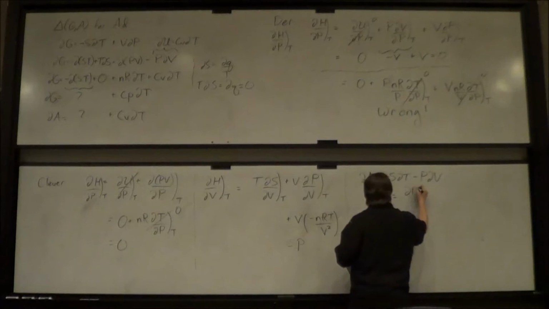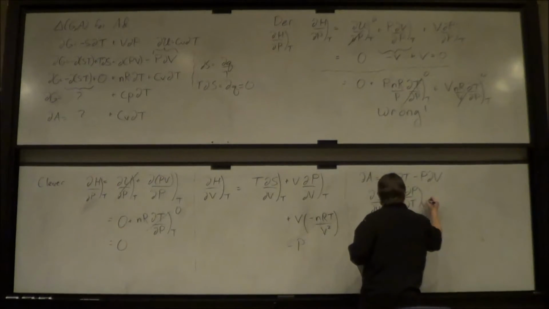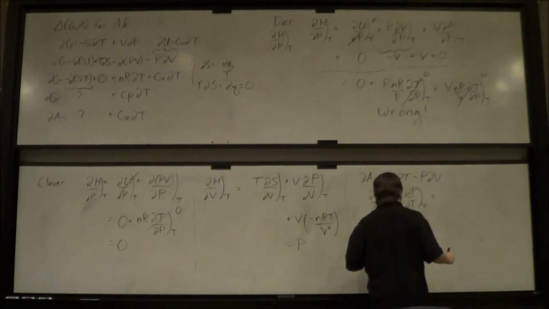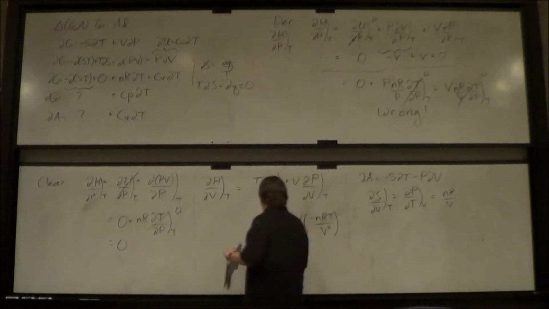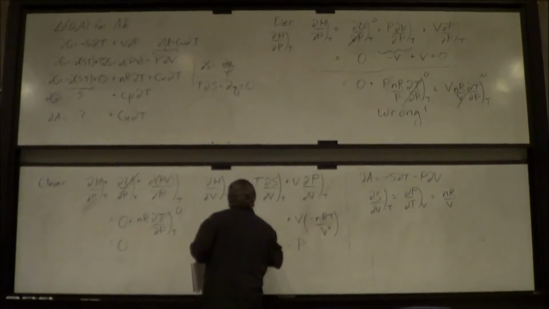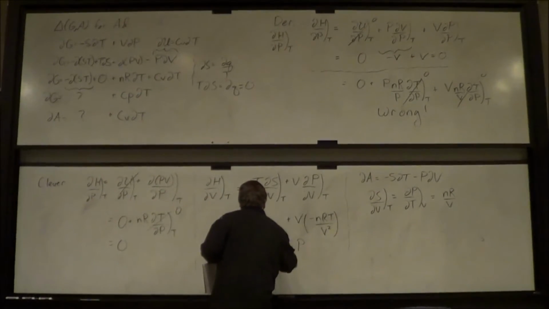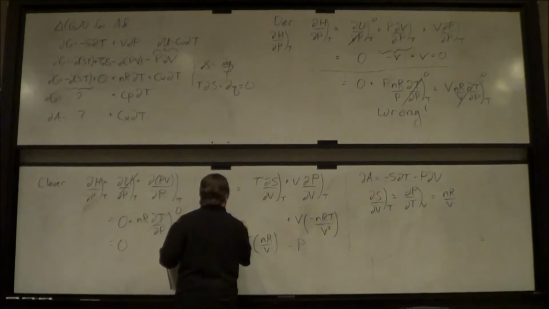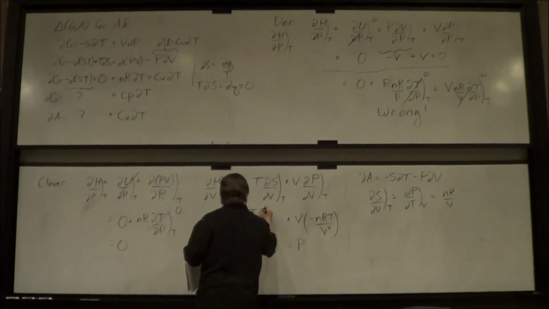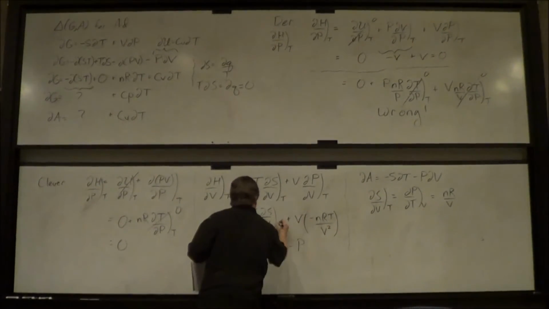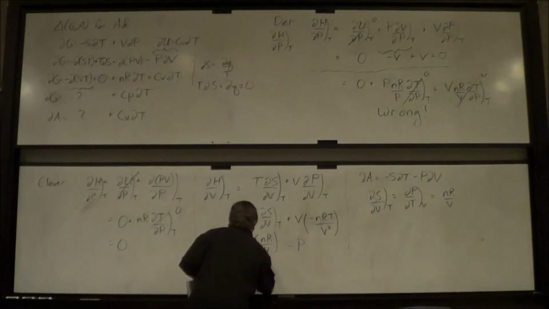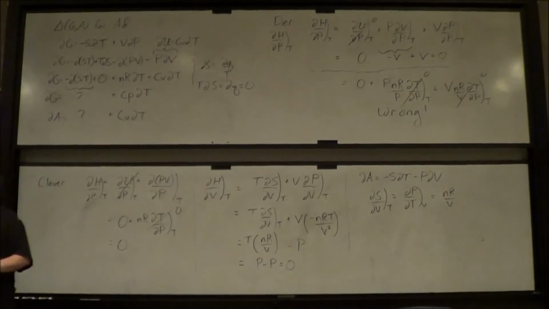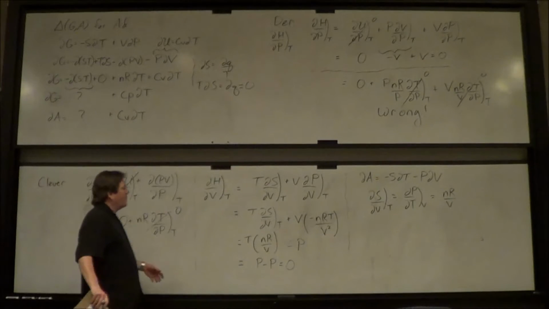It's dP dT at constant V, which is nR over V, times T, times, oh, sorry. I'm trying to be exact. That is equal to P minus P. There you go. Anyway, pretty simple.